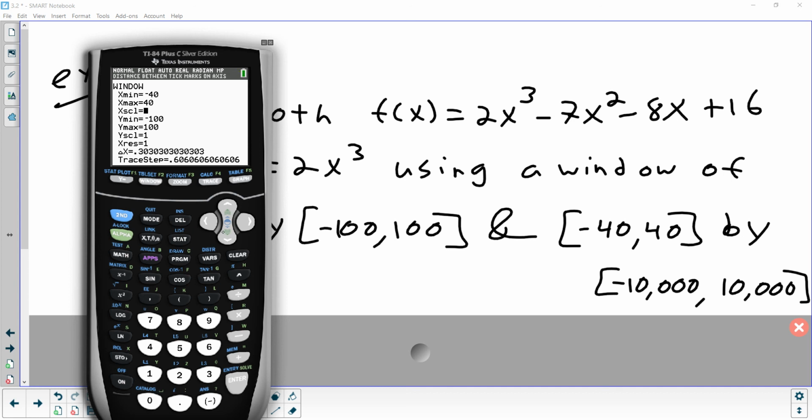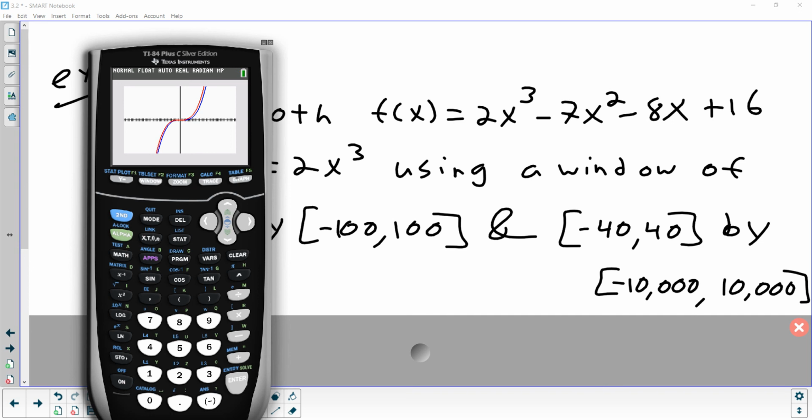So let's go negative 40 to 40 and negative 10,000 to 10,000 and hit graph. Okay, so now again, what you're going to be seeing first is f of x, which is zoomed out. And now we're going to look at g of x. How close do those two functions look?